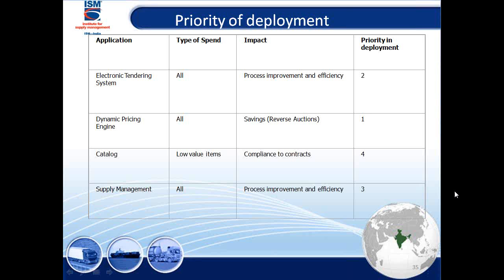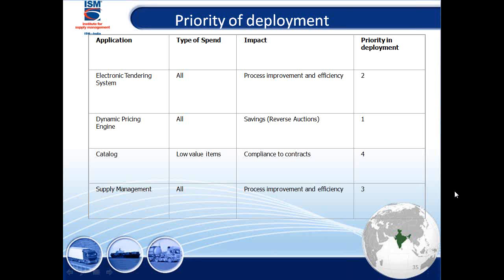If you're planning to use reverse auction, the system must have a dynamic pricing engine because the price is changing every minute. Everybody is quoting a price. It can't be static. Hundreds of suppliers are bidding online. If two minutes back I quoted X price, and after two minutes I quote a different price, the dynamic pricing engine has to be there.